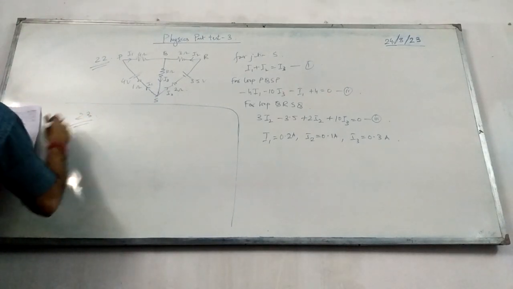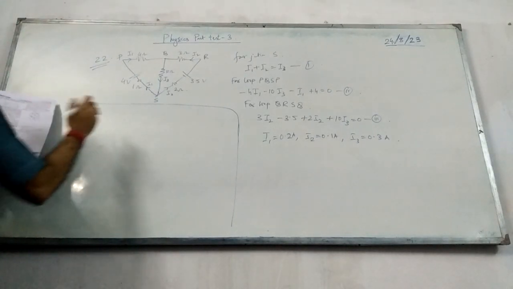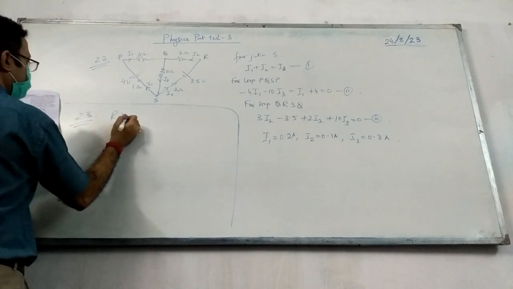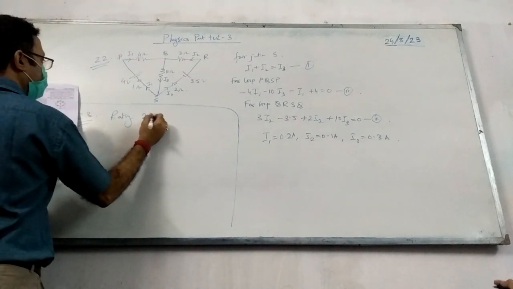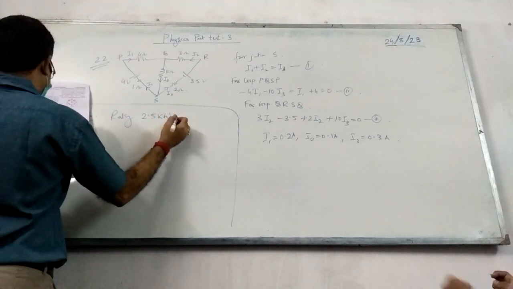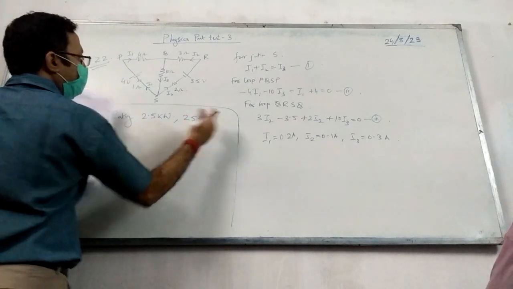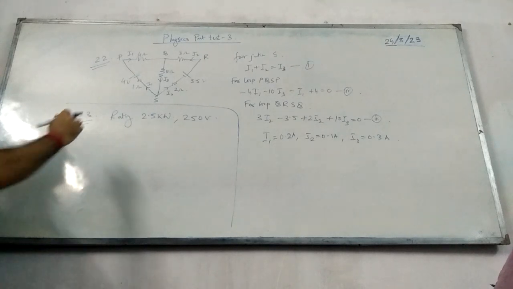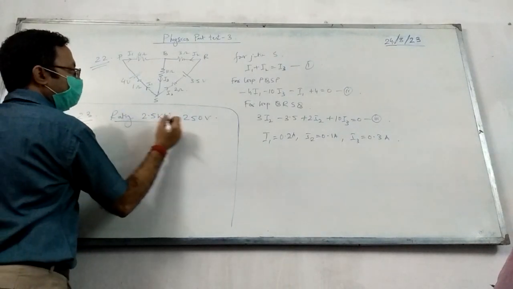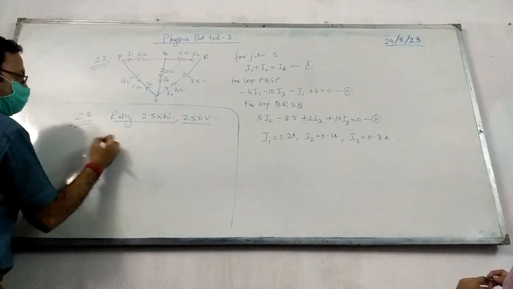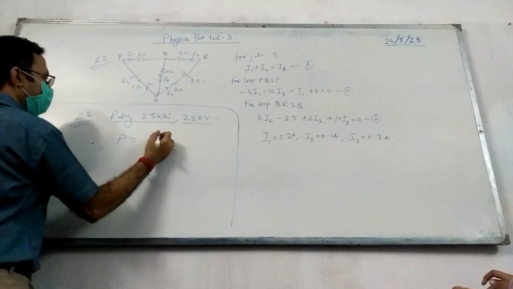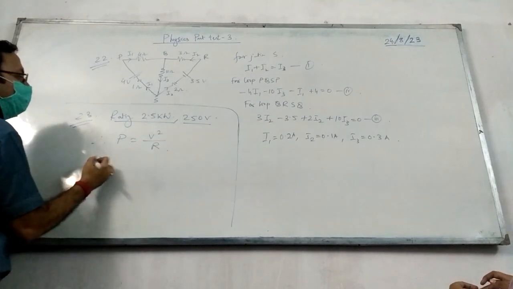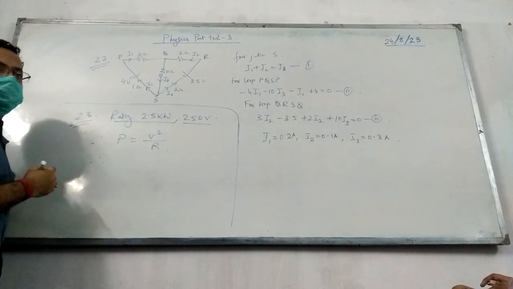Next question is question number 23. It says a heater is rated. You know what is meant by rating? Power rating of any electrical device gives you the resistance. If our heater is rated as 2.5 kilowatt 250 volt, इसका मतलब यह है कि P equal to V square by R. यहाँ से हम लोग रेजिस्टेंस निकाल सकते हैं.